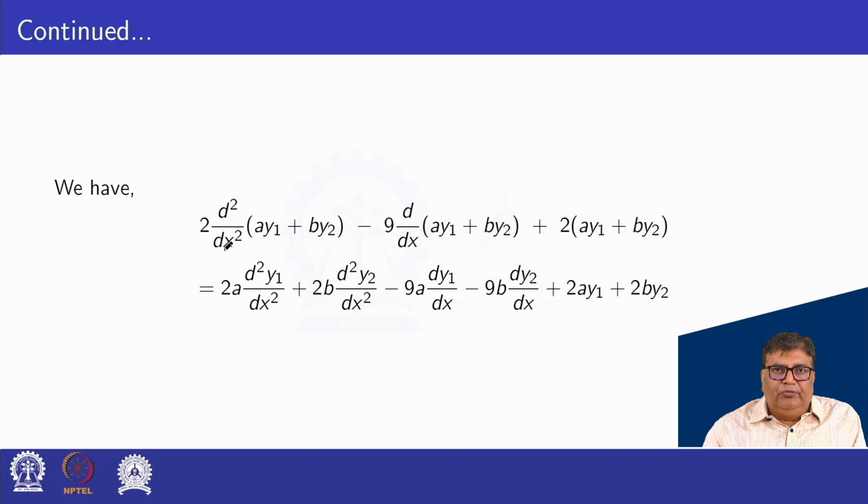So 2 d2/dx2 of (ay1 plus by2) minus 9 d/dx of (ay1 plus by2) plus 2(ay1 plus by2). So 2a d2/dx2 of y1 plus 2b d2/dx2 of y2 minus 9a d/dx of y1 minus 9b d/dx of y2 plus 2a y1 plus 2b y2.